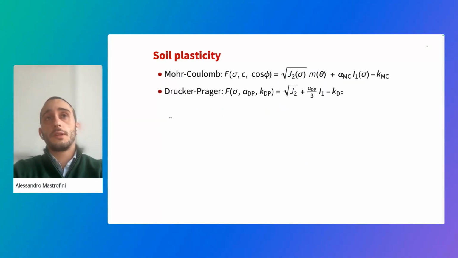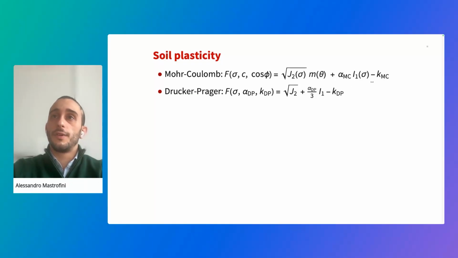Now, for soil plasticity, the hardening and the yielding criterion may be a little bit different. But don't be scared about this formula. These are only different ways of reducing the multidimensionality of the stress tensor to scalar values.